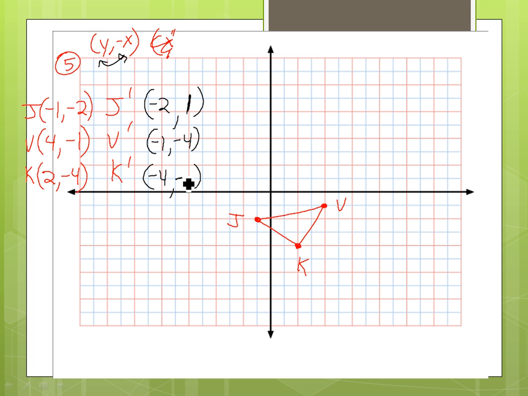And the positive 2 becomes a negative 2. Those are going to be our new coordinates. So negative 2, 1. It's J prime. Negative 1, negative 4. That's V prime. And negative 4, negative 2 is K prime. So our shape would rotate around something about like that.